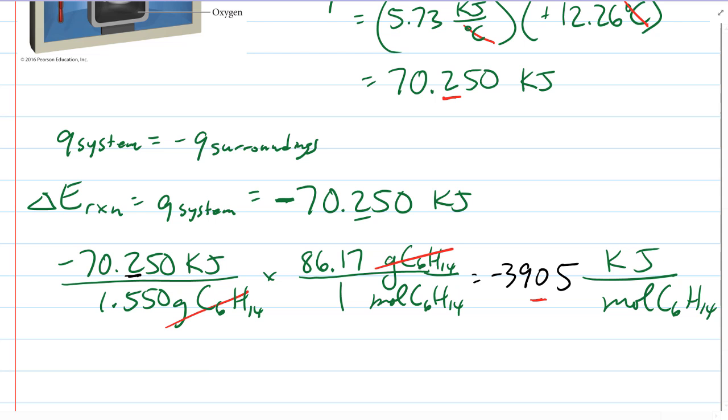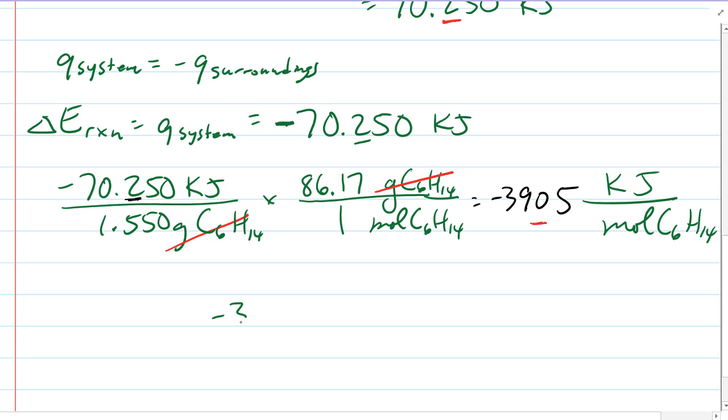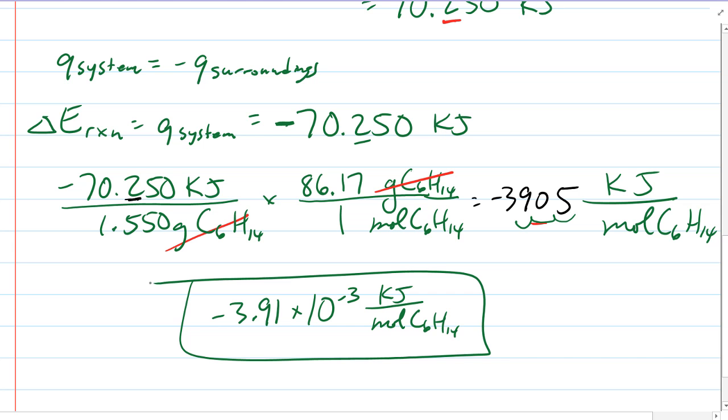If we round this off to 3 significant figures, our answer is going to be a negative 3.91 times 10 to the third, because we'll move it 1, 2, 3 places. The label then would be kilojoules per mole of the hexane. And typically when we standardize these enthalpies of reaction, we label them in units of kilojoules per mole.